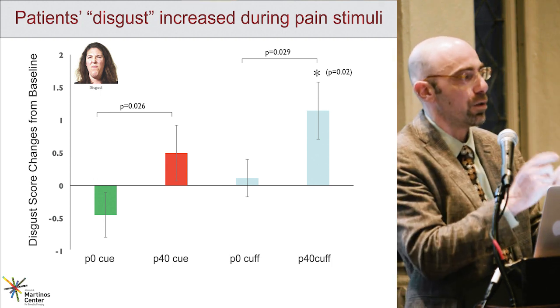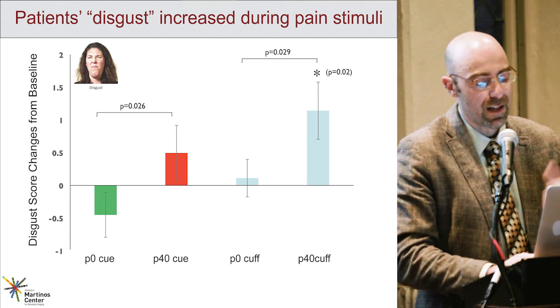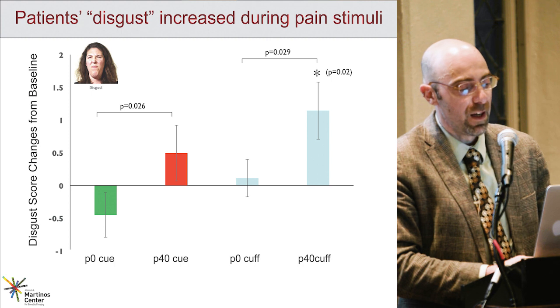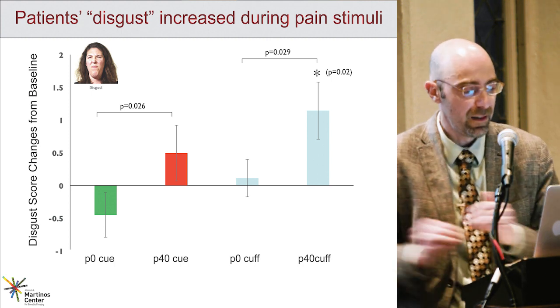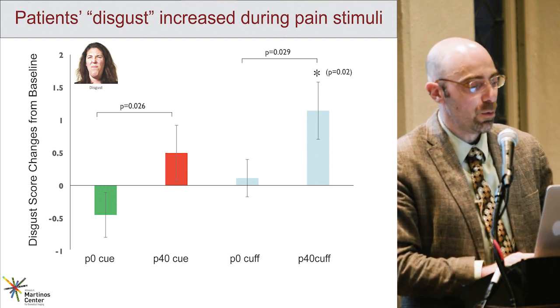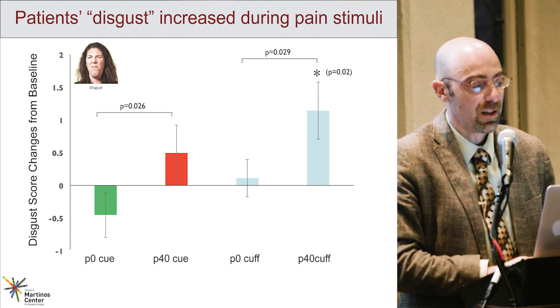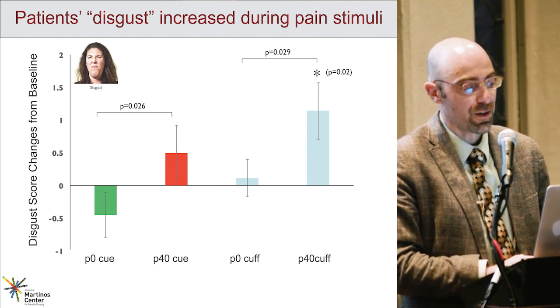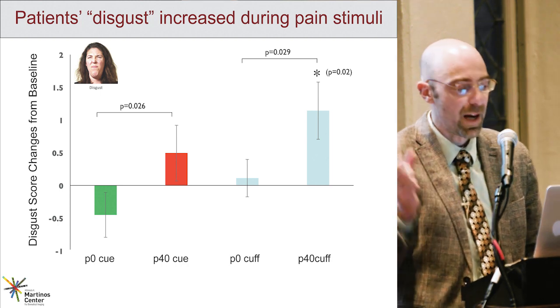If you notice, there's no canonical emotion for pain, so we needed to do this mapping on our own. And what we found is that during our experiment, when we gave a stronger pain stimulus, so this is P40 or 40 out of 100 pain, versus a non-painful squeeze of that cuff that I showed you before, this emotion was significantly increased in the patients, right? And this was the case also for the cue. This is when they saw the cue of what kind of pain they were about to receive.